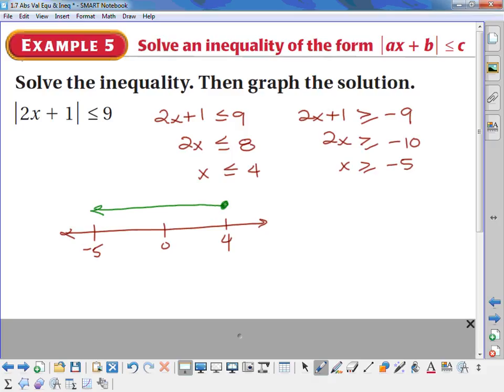If I look at the other one, it's greater than or equal to negative 5. Again, I've got a solid point on the negative 5. It's greater than, so it's going this way. So the graph of this one is where they overlap. It's going from negative 5 all the way to 4. So is this one where they're both true or neither true at the same time? We're looking at where it overlaps, right? So it's an and.